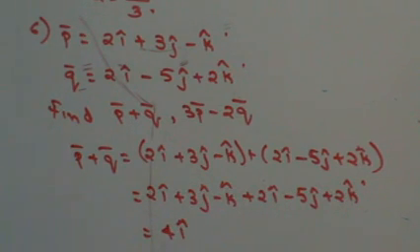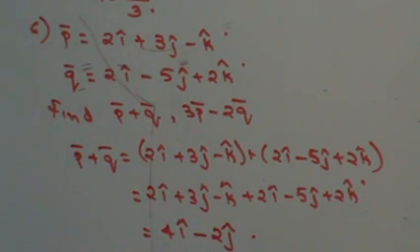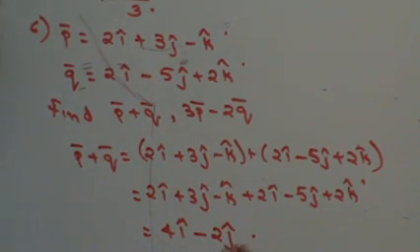Then 3j minus 5j is minus 2j vector. Minus k plus 2k will give you plus k vector. So P vector plus Q vector will be 4i minus 2j plus k vector.